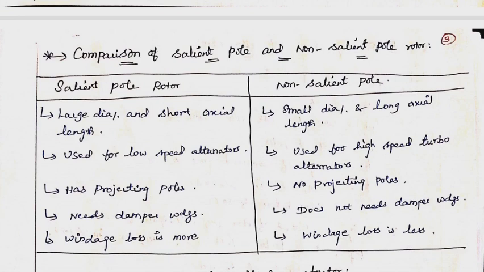In salient poles, damper windings are required to prevent hunting, but non-salient poles do not require damper windings. In salient poles, windage loss is much greater, but in non-salient pole rotors, windage loss is less. This is the major difference between salient and non-salient pole type rotors.